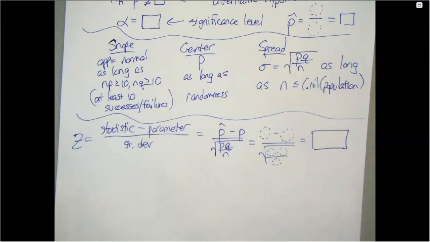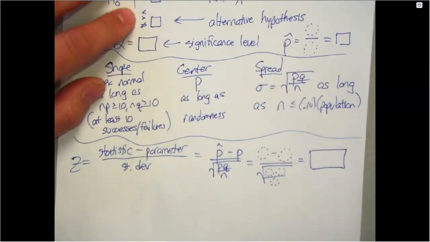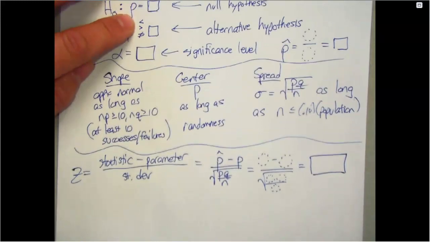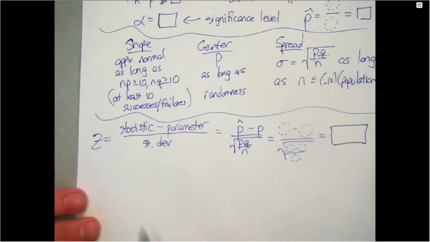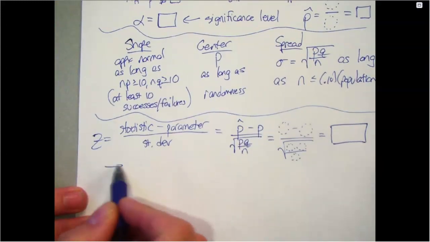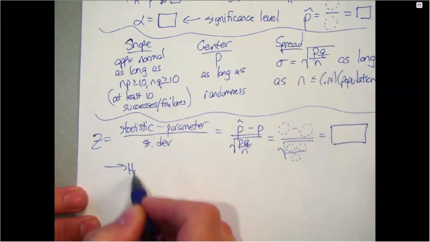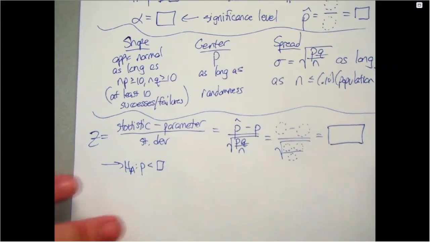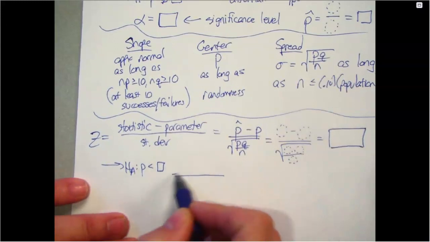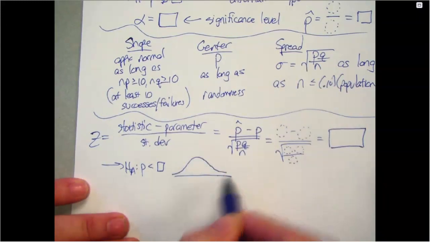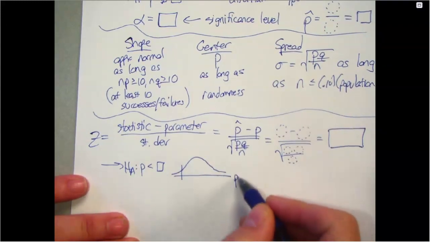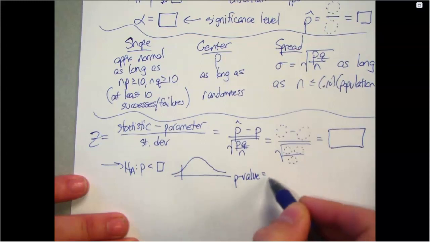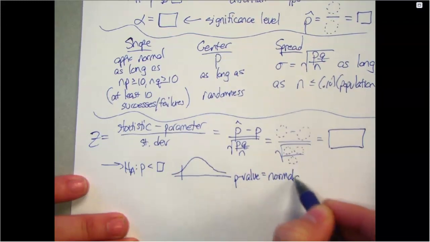So there's three ways it could happen. What you do after the z-score is different depending on whether this is less than, greater than, or not equal to. So I'm going to try to separate each of those. If HA was P is less than whatever, then you'll have a z-score that is negative. And to find the p-value, normal CDF.